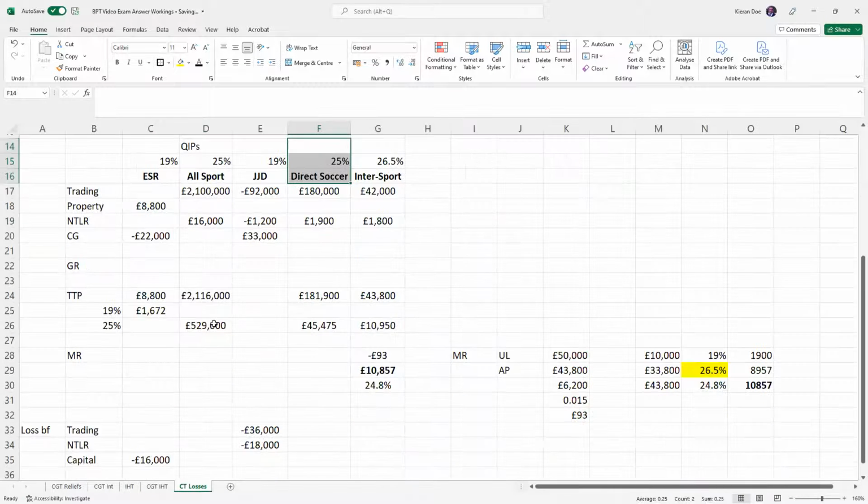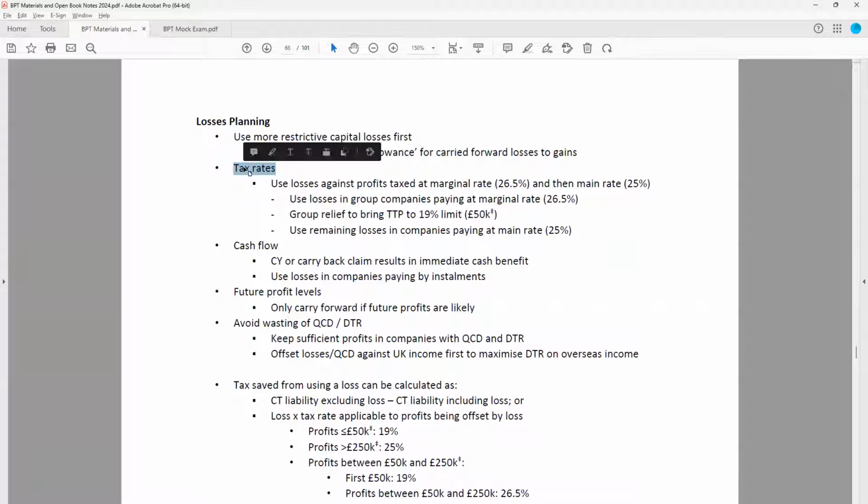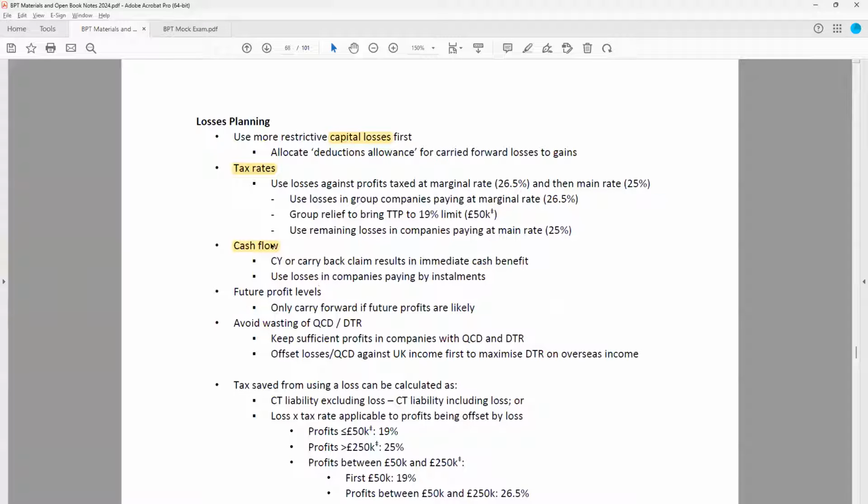So there is quite a lot going on there with the group, and you can really see here the importance of these considerations, which losses to use first, capital losses more restrictive, then thinking about the impact of tax rates. You want to save tax at the highest rate, and the marginal relief aspects are quite complicated here. And then we've also got cash flow consideration as well.